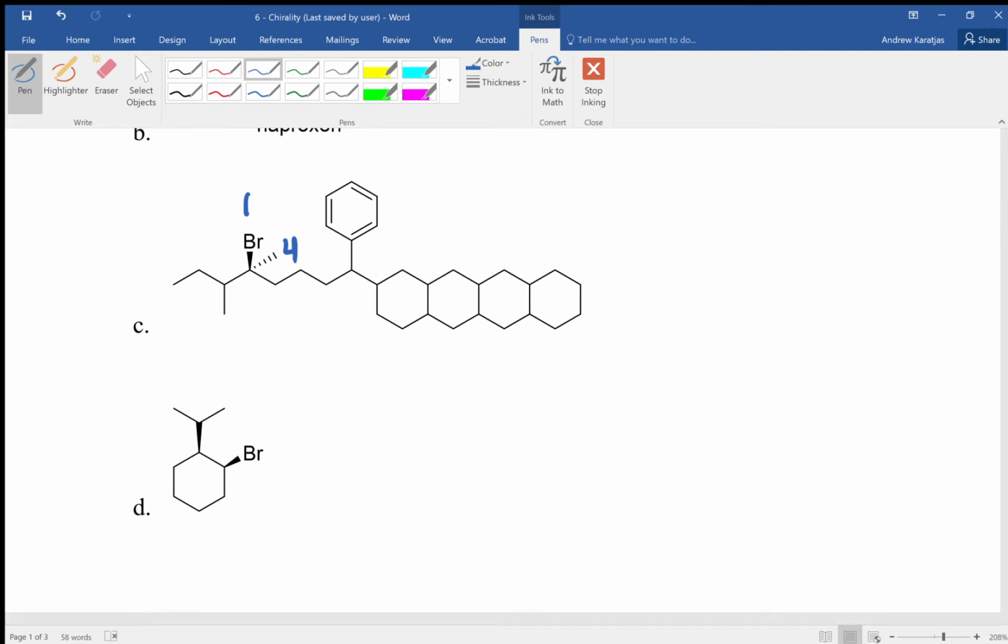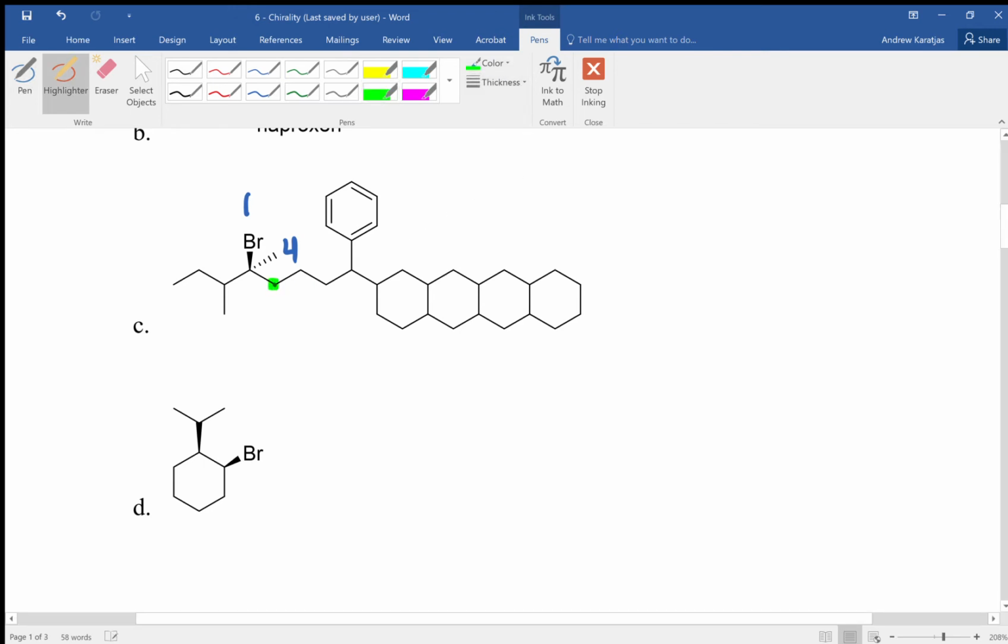Now the other two carbon groups are actually a little tricky here. The reason for that is that to the right, we have this carbon that has this huge rest of the molecule attached. But on the left, it's just a couple of carbons. So which one's higher priority? Well, we've got to look at them carefully.